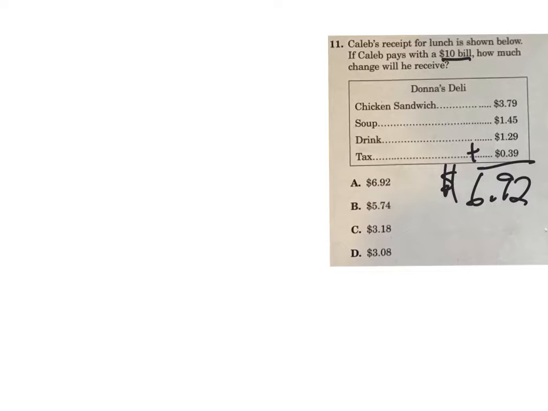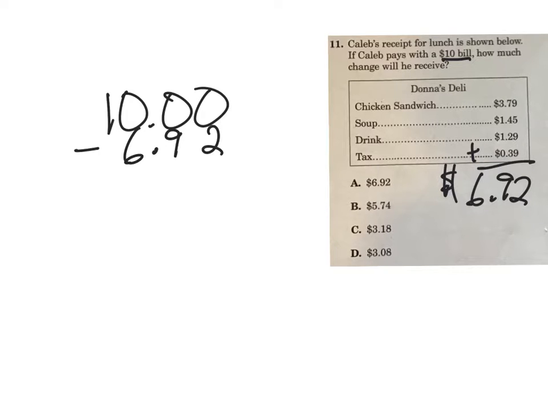That's how much his bill was. If he paid with a 10, so I have a $10 and no cents, I'm going to subtract this 6.92, and I line up my decimals. And whatever is left will be how much change I'll receive.